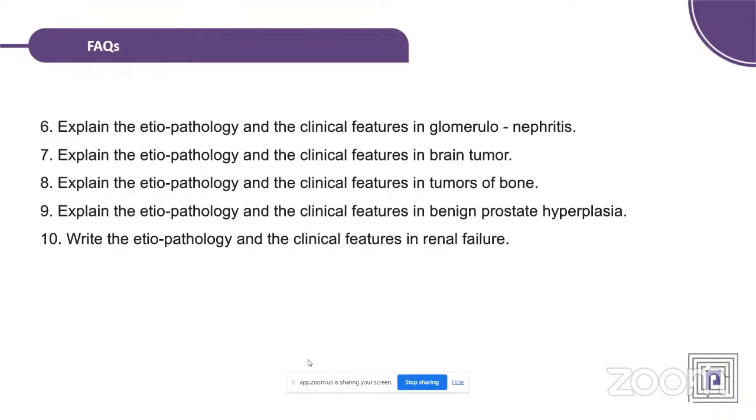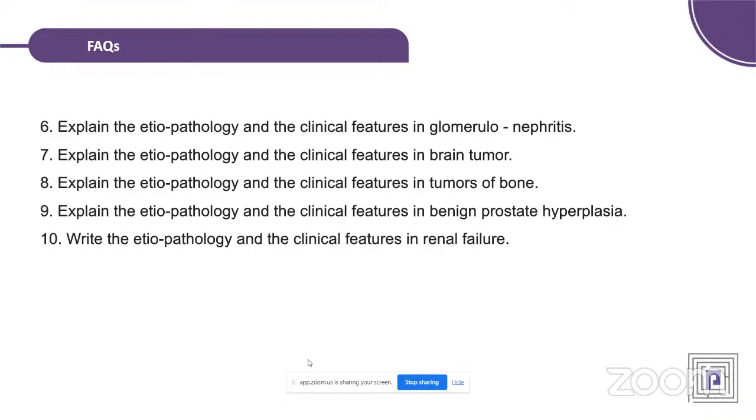etiology and clinical features in renal failure. So, what would be the etiology? Any type of glomerular disease, all types of glomerulonephritis, when it comes to the end stage, will ultimately lead to renal failure. Even diabetic nephropathy can lead to renal failure.